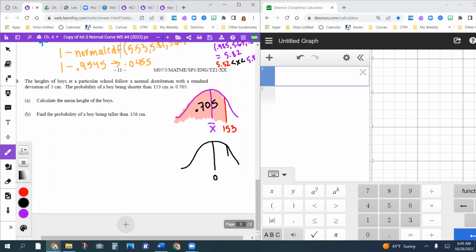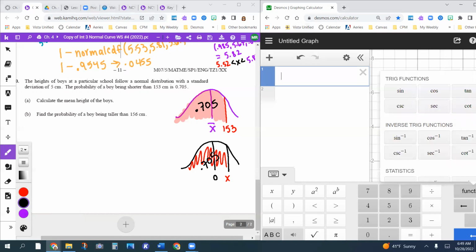I want to figure out what value would make this area 0.075.